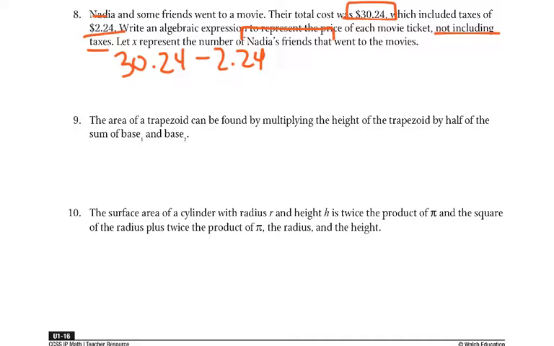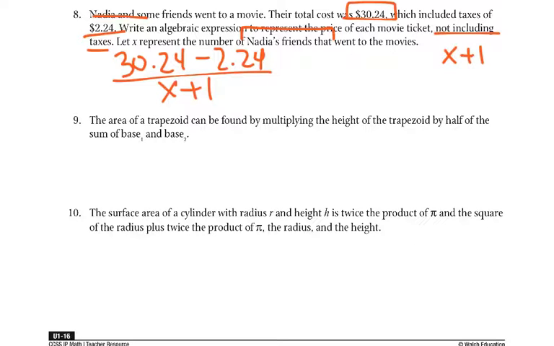Well, Nadia also went, so her friends plus Nadia would give us the total amount of people that went. And usually the way you split something is they would have all got the same type of movie ticket, so we'd have to divide them. So it would look something like this. 30.24 minus 2.24, that would give us the cost minus taxes over the number of people we have.